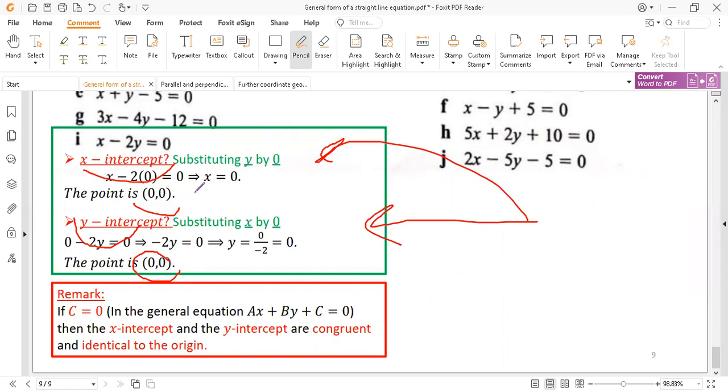Why, by coincidence, did we obtain the x-intercept and the y-intercept as 0, 0?